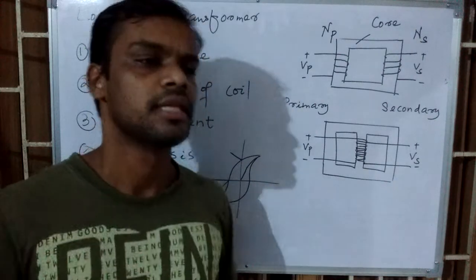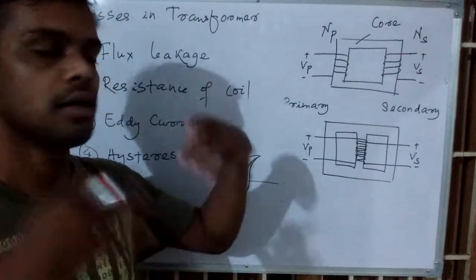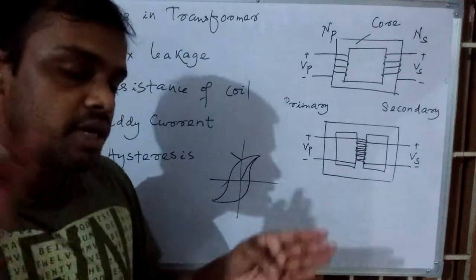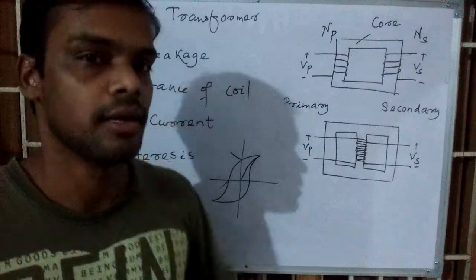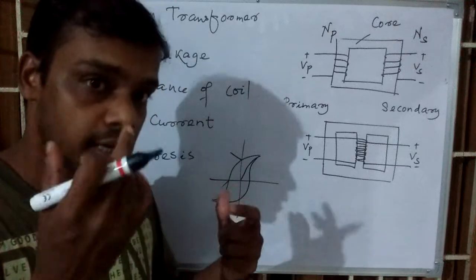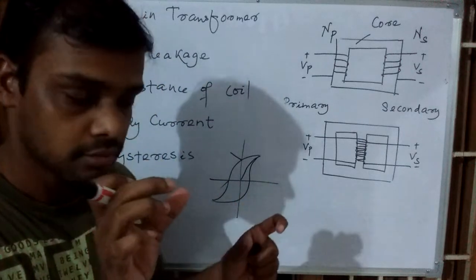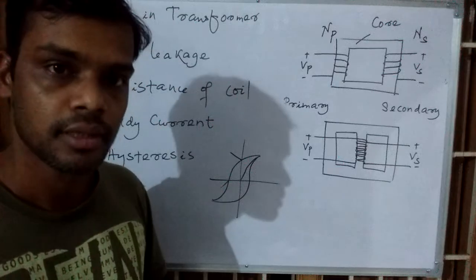Recall that if you apply some current, the core material magnetizes. Then if you decrease the current, it demagnetizes, but still it retains some value. That is called retentivity. To neutralize that retentivity, we apply some extra current in the opposite direction.